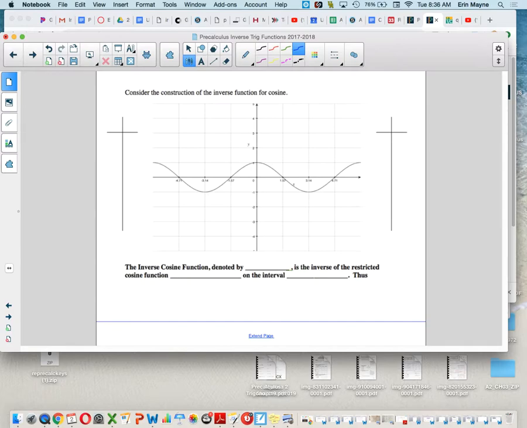I want you to look closely at cosine. Find a section that would include all the values of the range, that's continuous, that is one chunk. Find a section that includes the first quadrant. Find a section that passes the horizontal line test. And by section, I mean from this x value to that x value. Okay, just real quickly pair up. Can you name a section that does those things? Go.